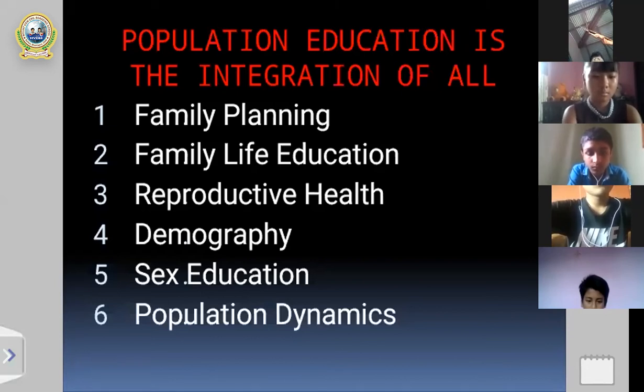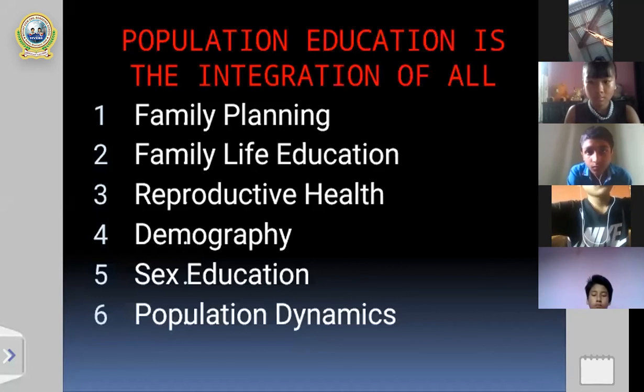So, my dear students, once again: family planning, family life education, reproductive health, demography, sex education, and population dynamics. These are the integration of all. These six important subject matters clarify that population education is multi-dimensional, meaning it includes more than one subject.